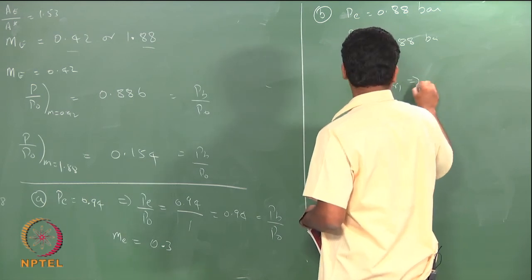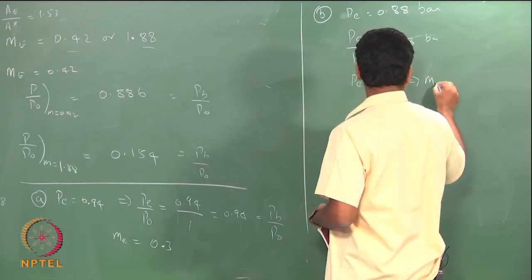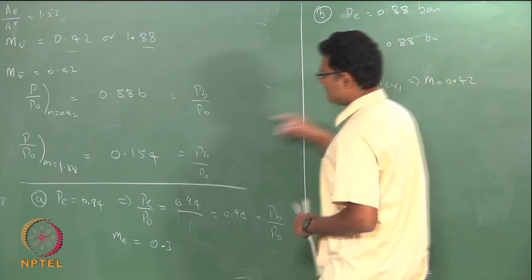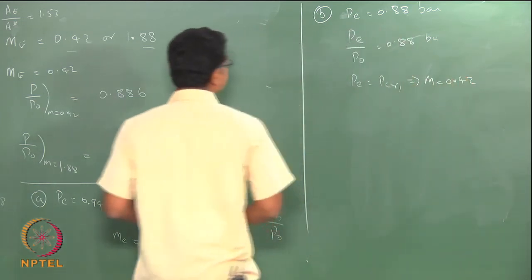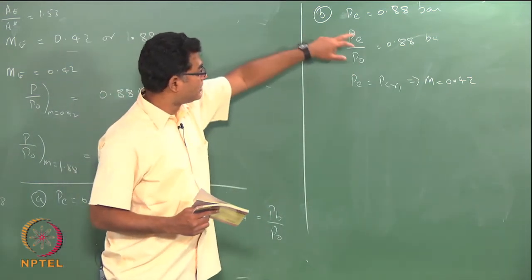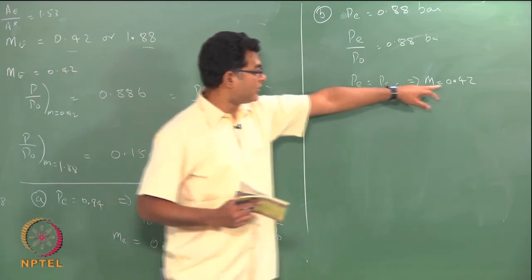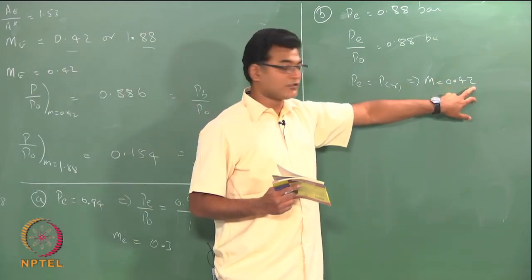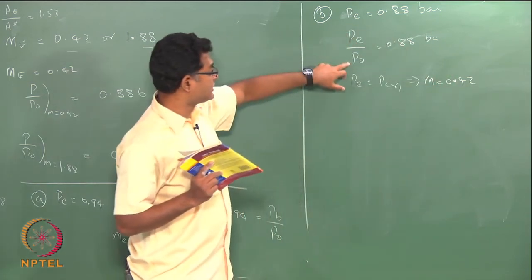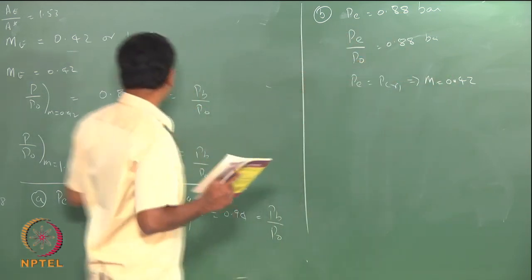This will give me an exit Mach number of 0.42, which we have already found. So, to get an exit Mach number of 0.42, which is an isentropic solution of the nozzle we are given, the pressure ratio should be 0.88.